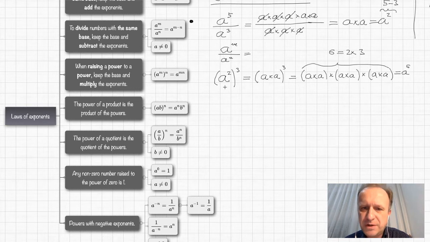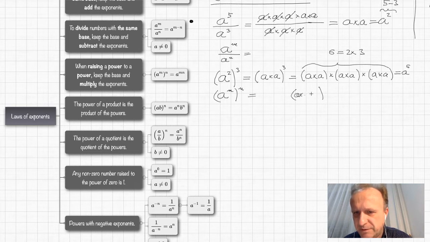So in general, if you have an expression a to the power of m all raised to the power of n, what do you have here? You would have the base, which would contain a times whatever, how many times? Well, you can say it's m times here.